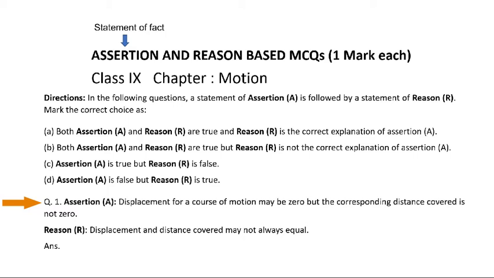Now coming back to the question, displacement and the distance. Let us not discuss this in detail. Assume that you know that displacement is the shortest distance between the initial and the final position, and the distance is the actual path covered, right?